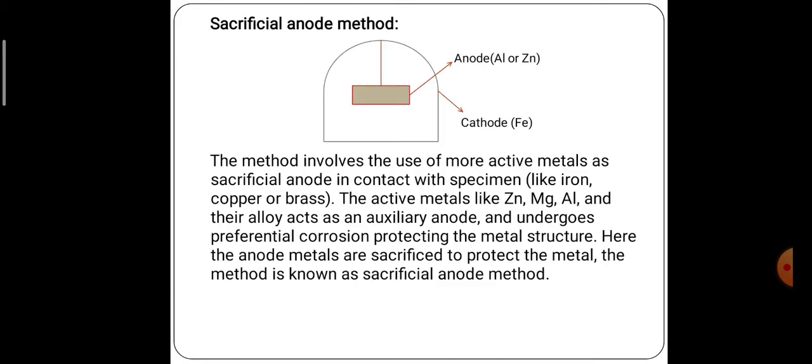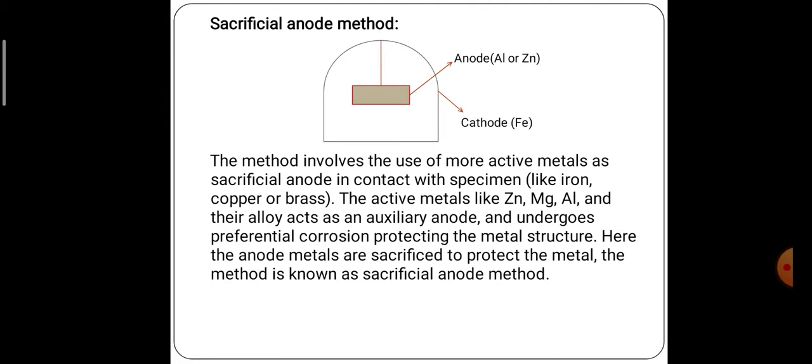Now, the first cathodic protection method is the sacrificial anode method. Sacrificial anode method is one of the best methods we are using to prevent the formation of corrosion on the surface of the metal. In this method, we are using a more active metal as an anode. Normally we know that iron easily undergoes corrosion. In order to avoid the corrosion of that iron metal, we are using a more active anode material.